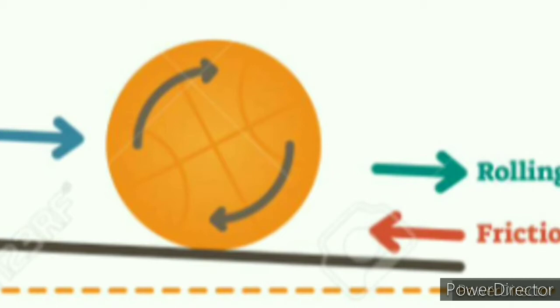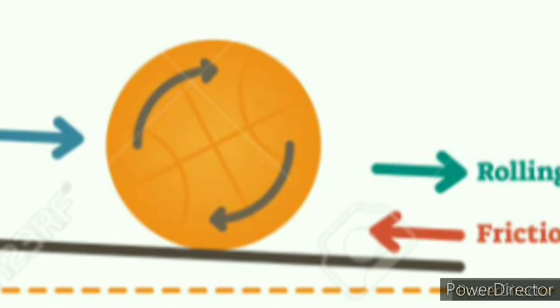The first one acting on the ball is the gravitational force. And another force which is balancing this gravitational force is the normal reaction force. Any other spring force or tension force is not acting on the ball.